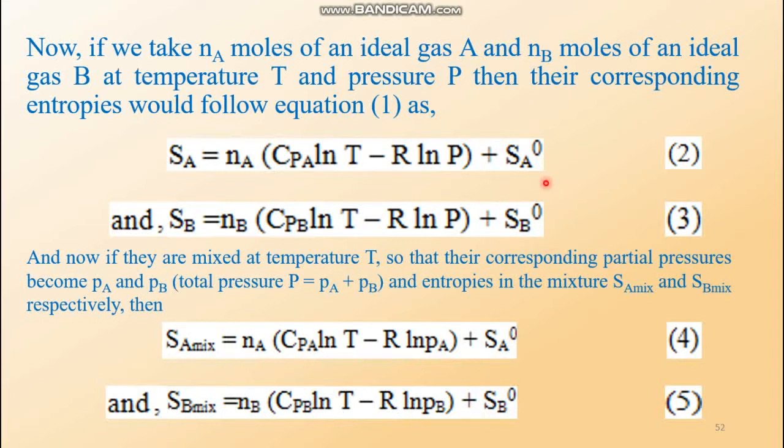So what is left uncancelled? The term left uncancelled is this one minus this one. That means it would become plus, and this one minus this one, so this one would also become plus. So what would be the expression? Now R ln capital P minus R ln small pa plus R ln capital P minus R ln small pb.